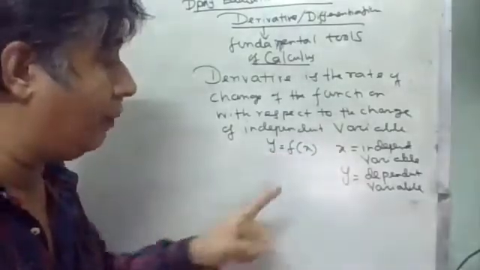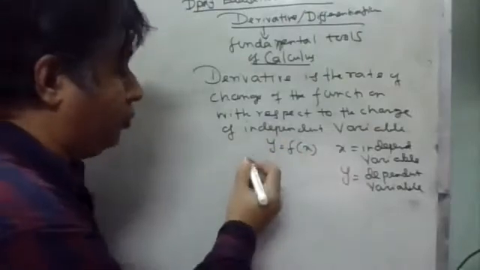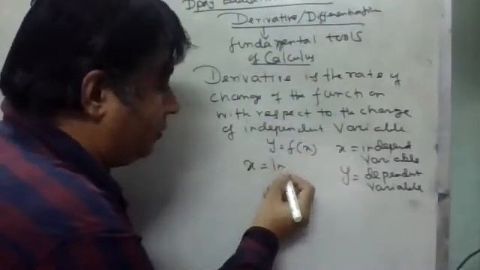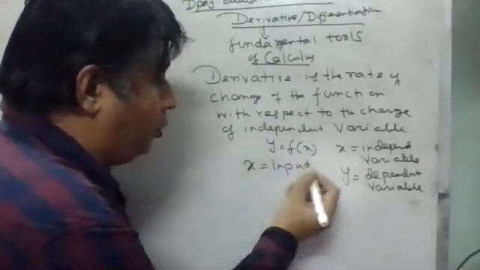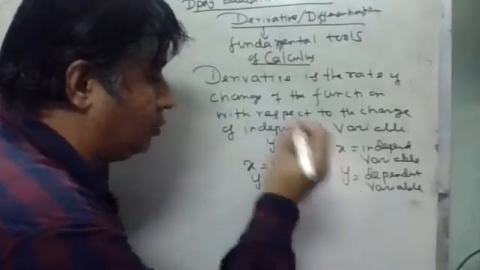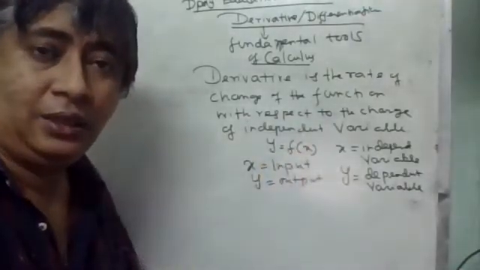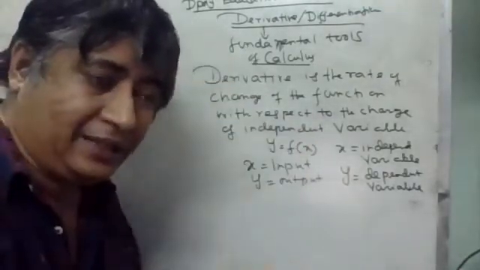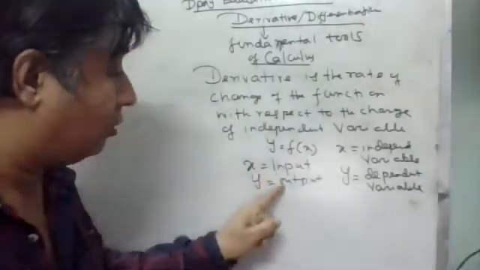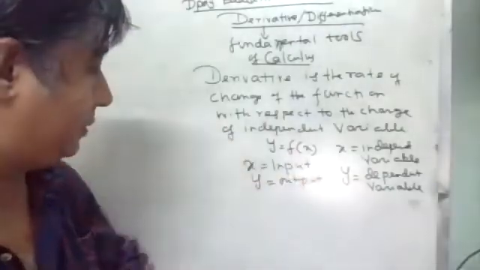So I can compare this x and y in terms of input and output. X is called input, y is output. Input is hard working, input is practicing, and output is the result.